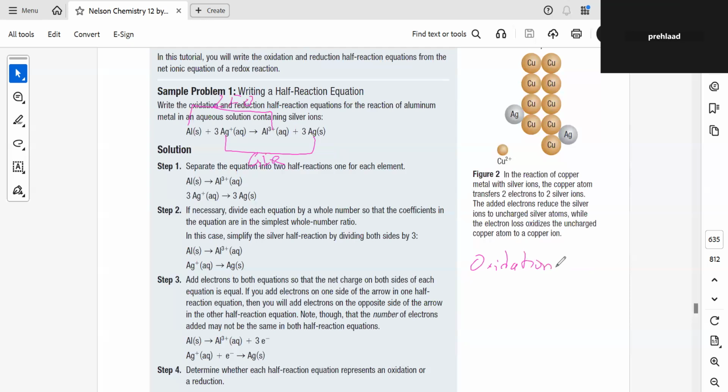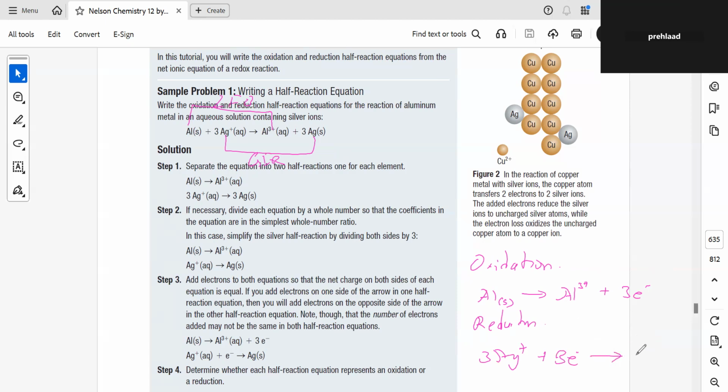So in oxidation you have aluminum, right? What is that doing? Aluminum, which is solid, is forming Al3+ plus 3 electrons, correct? And in reduction, we have 3Ag+ plus 3 electrons, because it has already been 3, so I'm not changing the numbers.